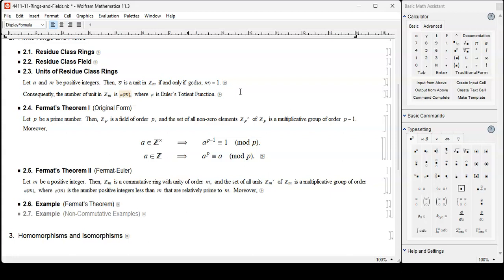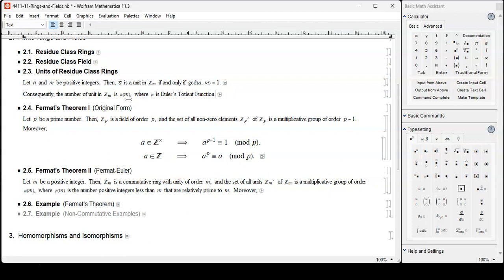And this quantity is called the Euler phi function or Euler quotient function. Quotient, I'm not exactly sure what this means. I looked it up in a dictionary one day, but I forgot now. Anyway, that's what number theory people call it. And this is very, very important in number theory as well.